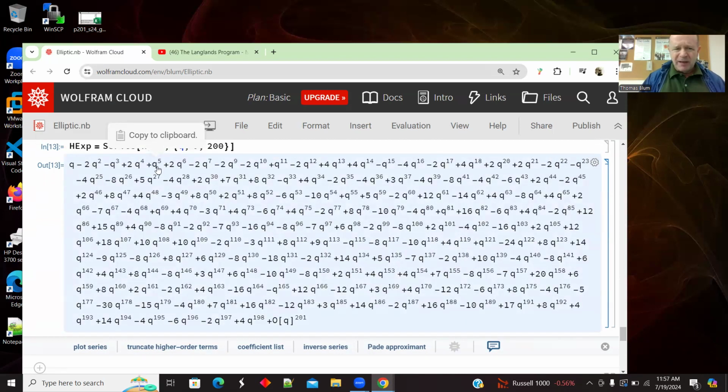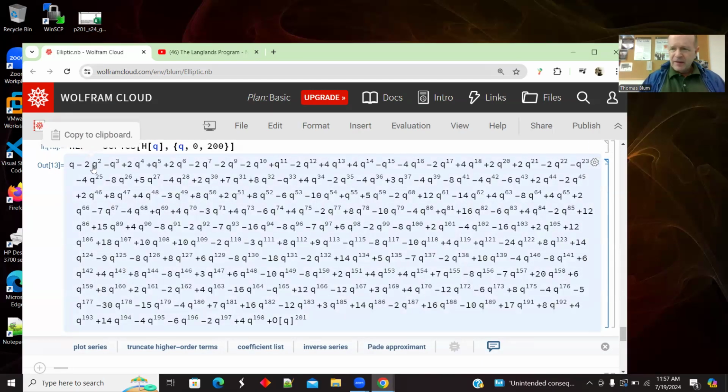Our 5 that we played around with a bit had the prime 5, the number of solutions was 4, so the prime minus the number of solutions was 1, and there that coefficient was 1. In fact, there were 4 solutions for 2, for 3, and for 5.